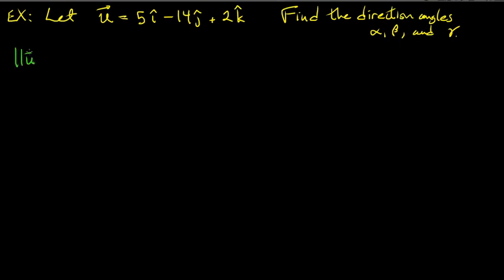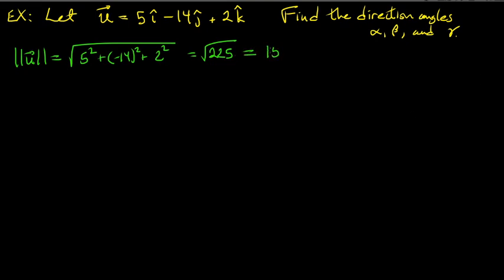So the magnitude of u is just the square root of 5 squared plus negative 14 squared plus 2 squared, which I think you get the square root of 225. I'll just double check that. Yep, 225. And the square root of 225, well, that works out nice.